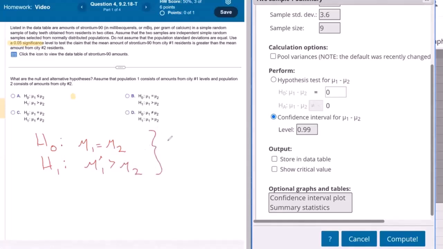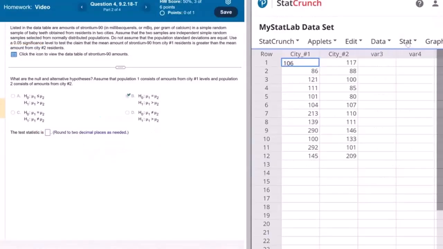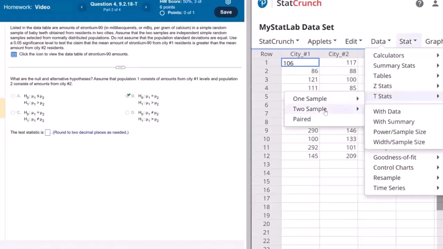But is this a one-tailed test or a two-tailed test? This is one-tailed because we're greater than. We're not looking at the left side, we're only looking at the right side. I'm going to go to Stat, T-stat, two sample with data.